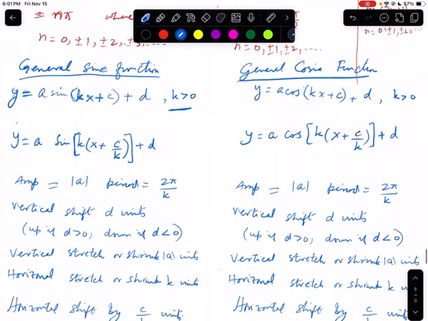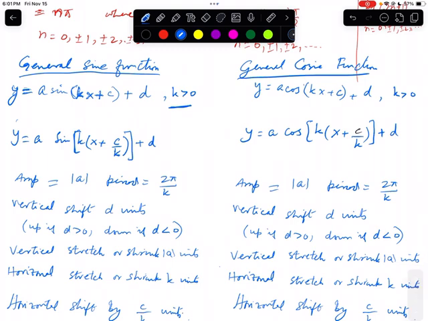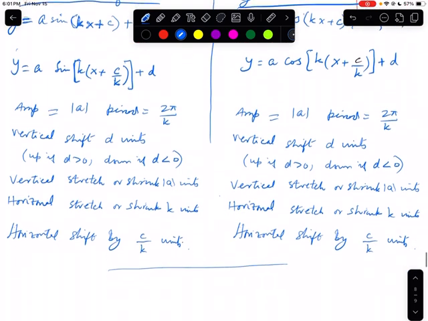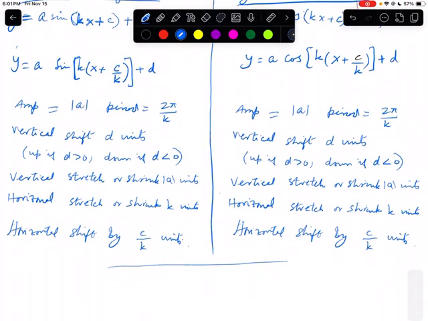So amplitude will be a, period will be 2 pi over k in both cases. Here I have written all the properties side by side. Vertical shift is d units, up if d is positive, down if d is negative.